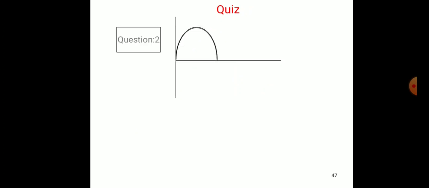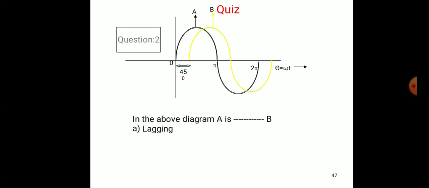Is the above leading or lagging? I think it is lagging, because the reference A came there first. That is called lagging. Before it goes, that is called leading. A is leading, B is lagging, like that we can say.